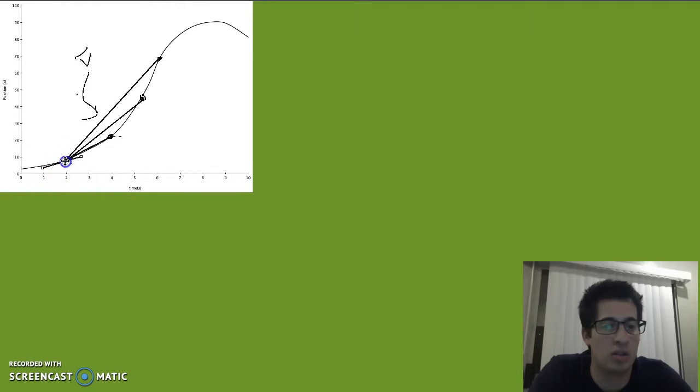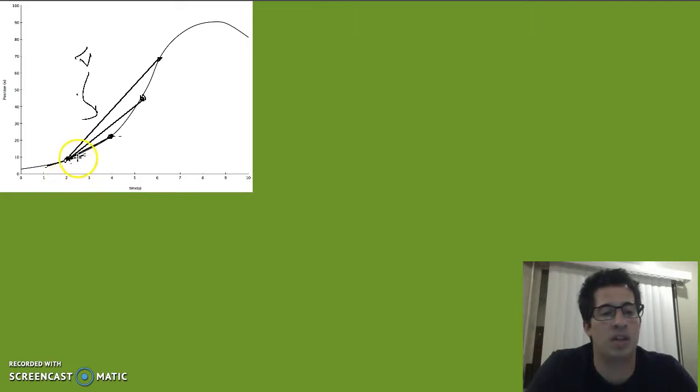Like in this circumstance right here, the slope of this tangent line would represent the instantaneous velocity, the speed at that instant. It would be a tangent line just touching at that one little point.